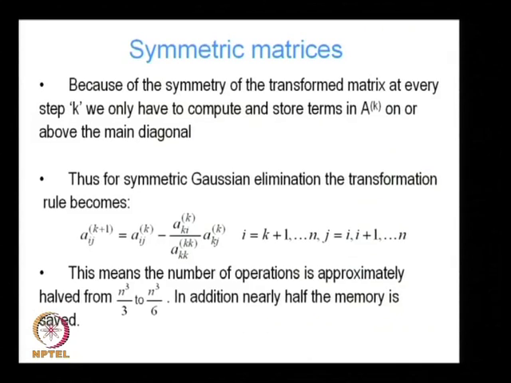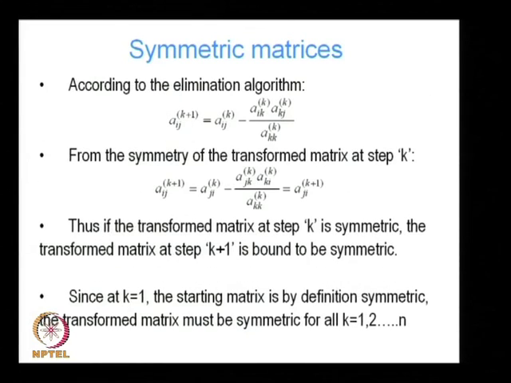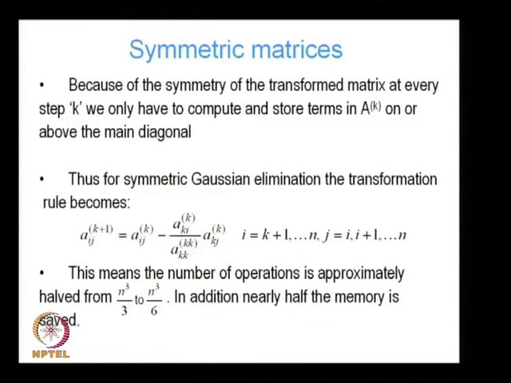Thus, for symmetric Gaussian elimination, the transformation rule becomes Aij^(k+1) is equal to Aij^k minus Aki^k Akj^k divided by Akk^k. As you can see from the previous slide, this is basically identical to what we obtained there, except you note that we are now taking i equal to k plus 1 through n and j equal to i through n, which is basically doing the computations only for half of the matrix.